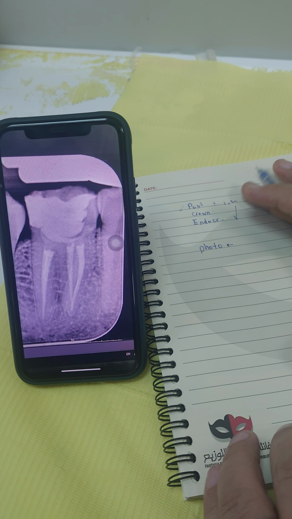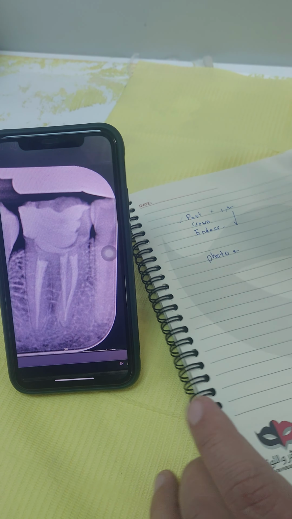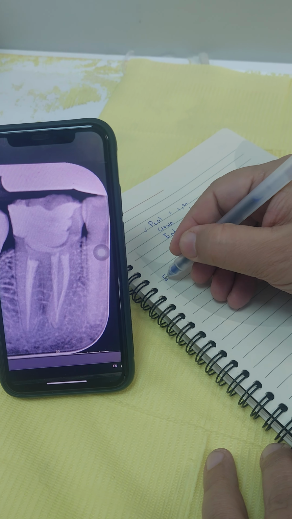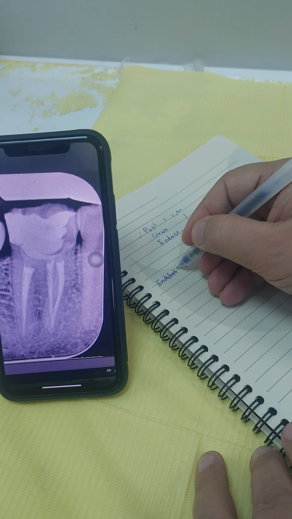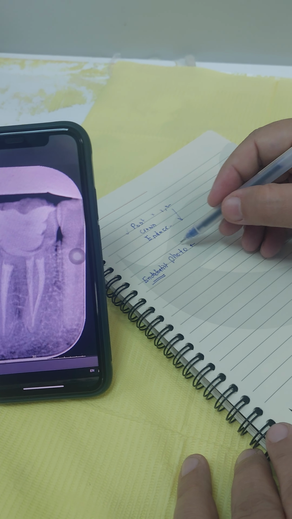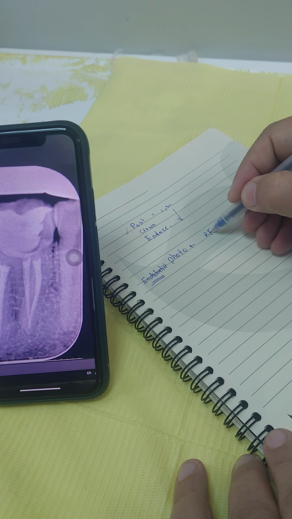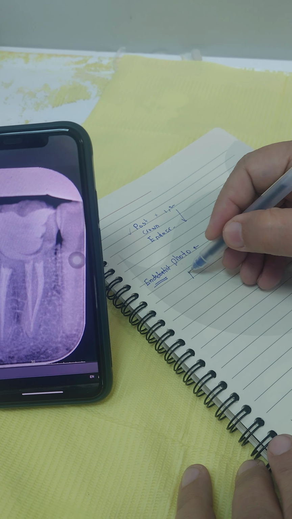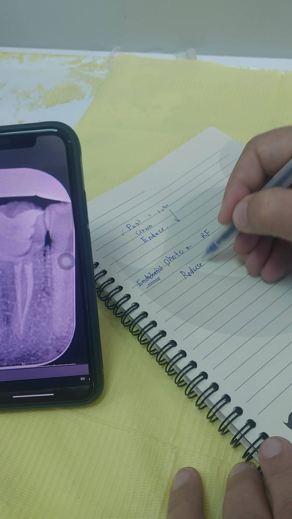Because many times what happens with endodontists, and this is another thing, when you are collaborating with an endodontist, you want to give them 2 instructions. Please give me a photo immediately after root filling, okay? And reduce caries cleaning.